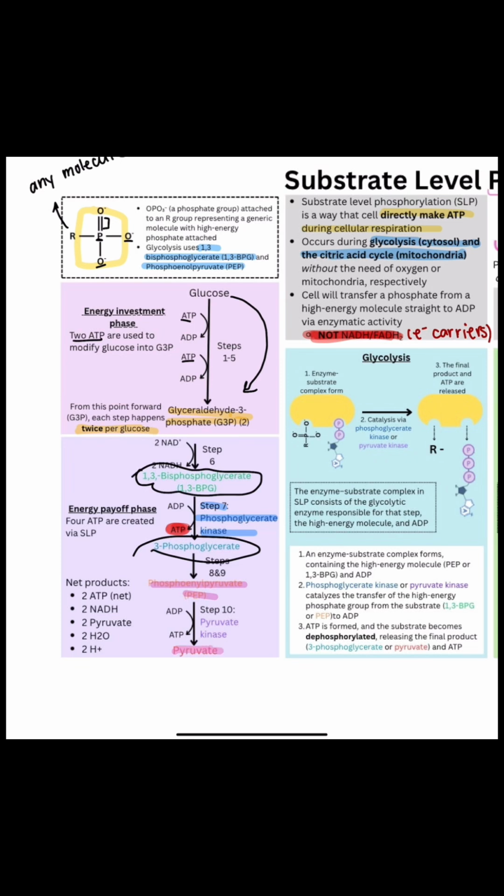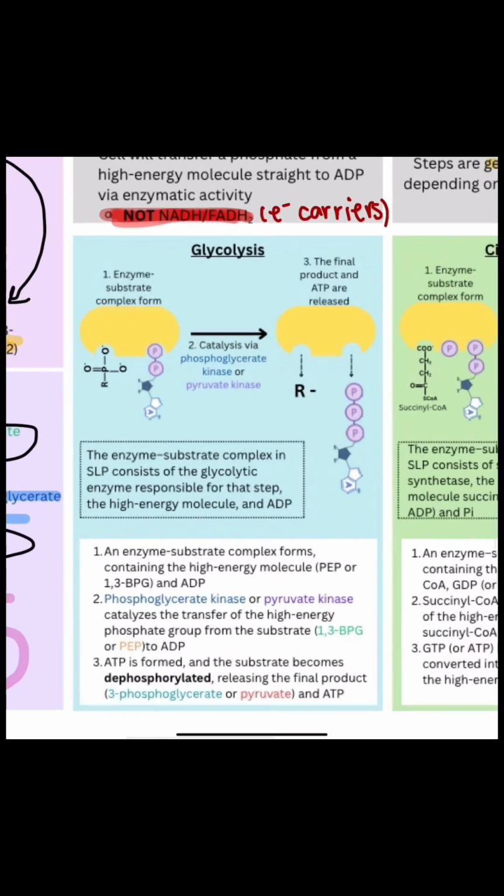That PEP is going to be converted into pyruvate by pyruvate kinase. This is another substrate level phosphorylation step. It's also going to make 1 ATP. But because each of these happens 2 times per glucose, glycolysis is going to make a total of 4 ATP through substrate level phosphorylation. But we only have a net gain of 2 because we invested 2 earlier.